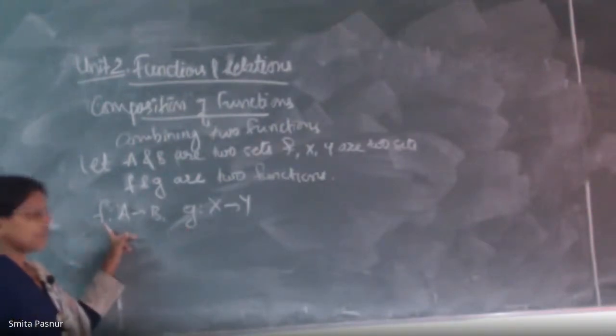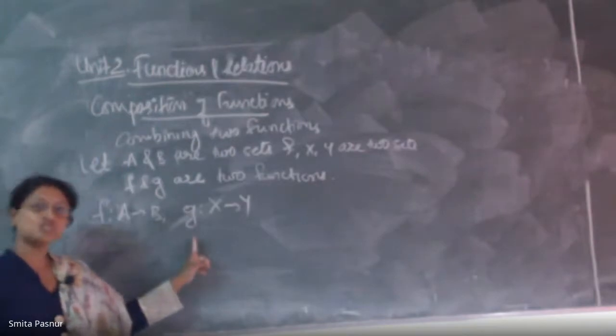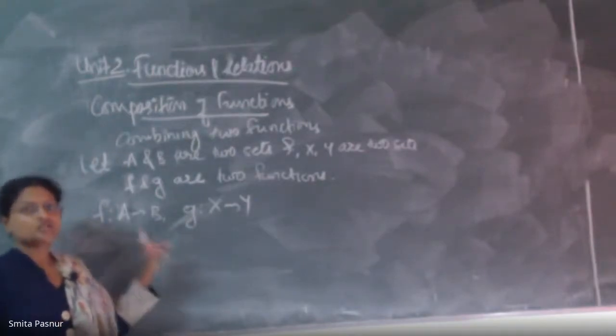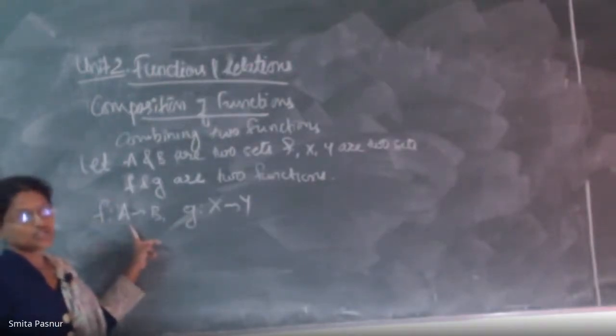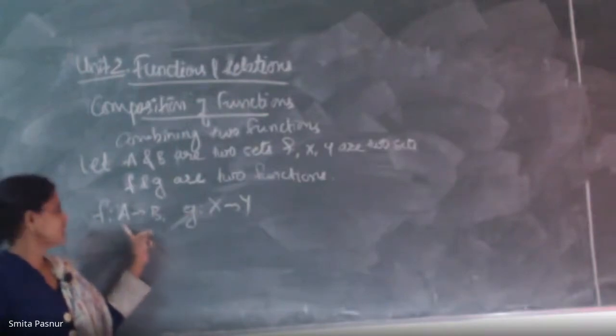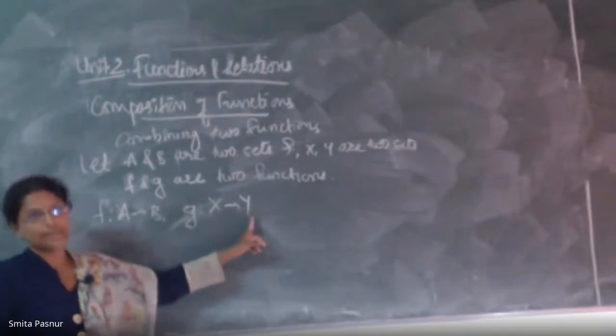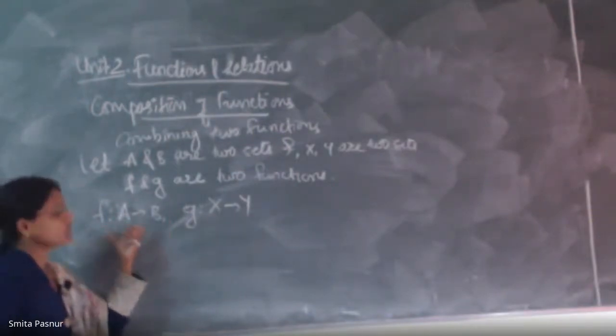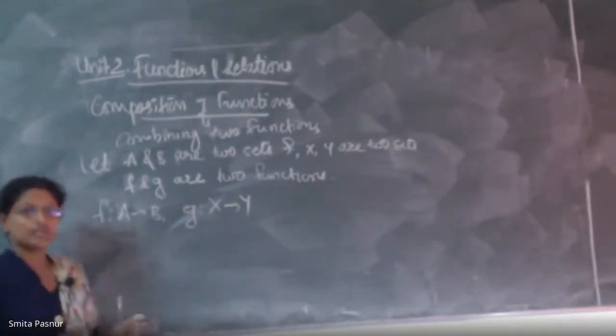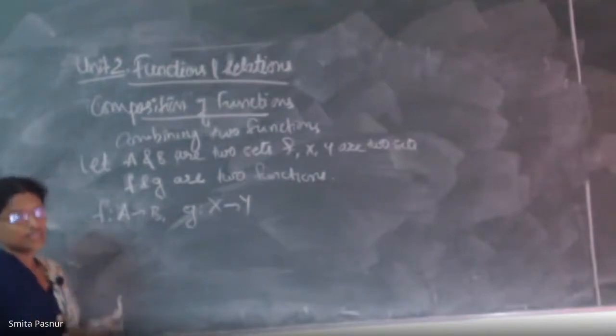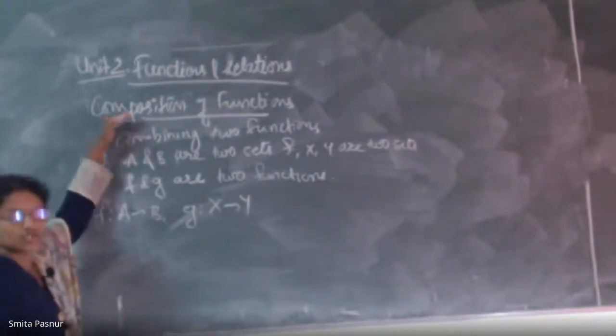So the output of F is given as input to G. Is that clear? F is a function which shows the relation from A to B, and G is a function which shows the relation from X to Y. Got it? So how are you going to combine these two functions? Symbolically, how do we represent composition of function?